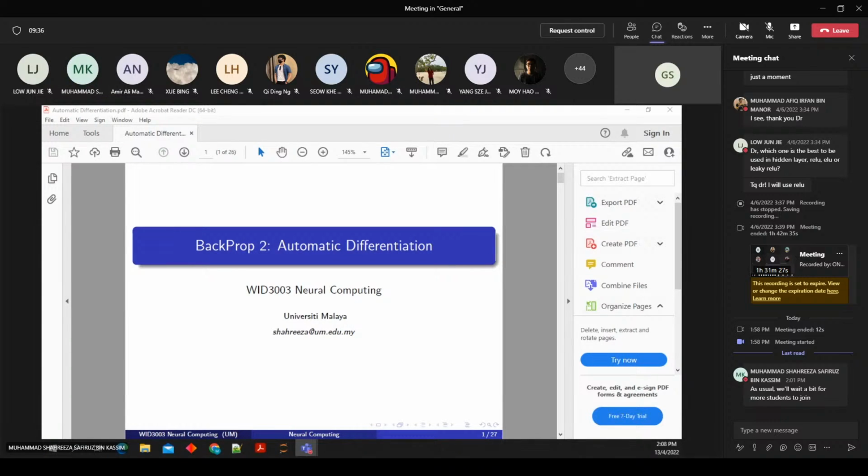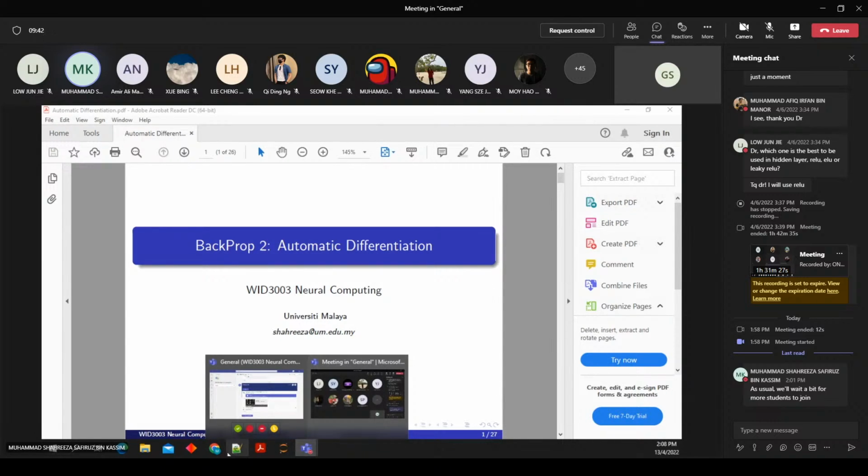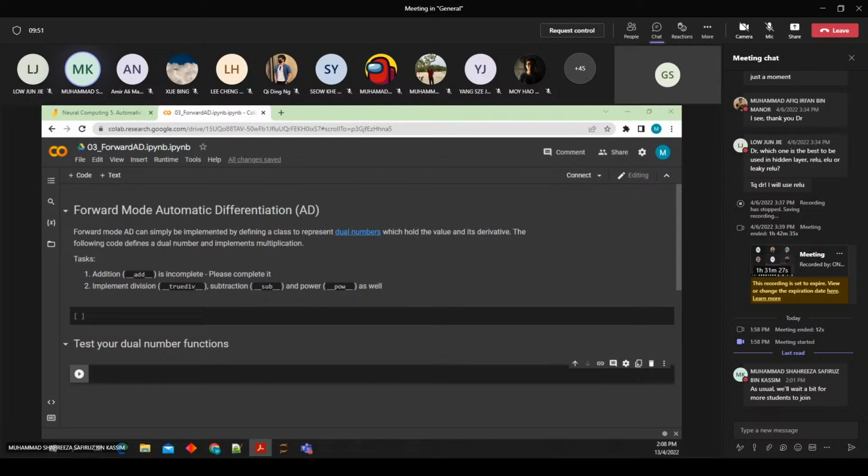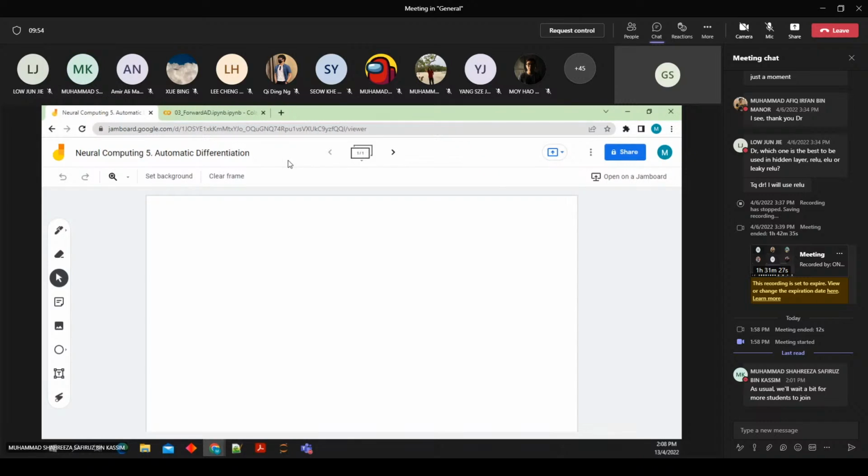Just to recap, last week what we did was backpropagation. Last time we did backpropagation, and we recapped how the forward pass works in order to do backpropagation.